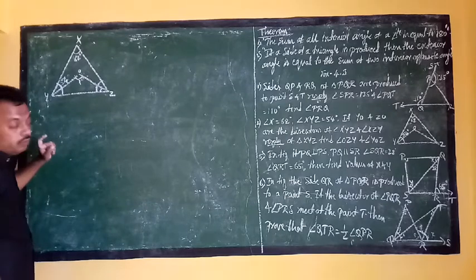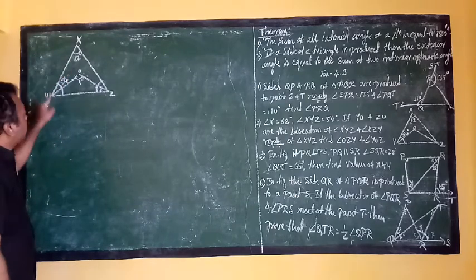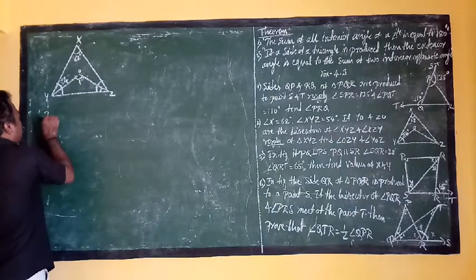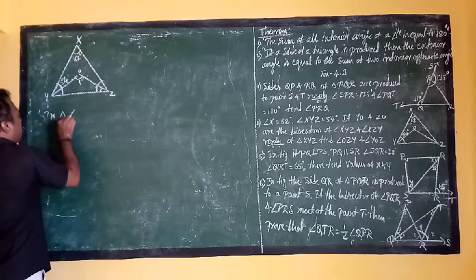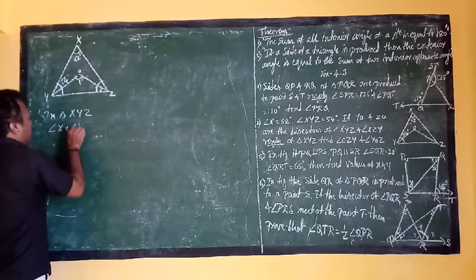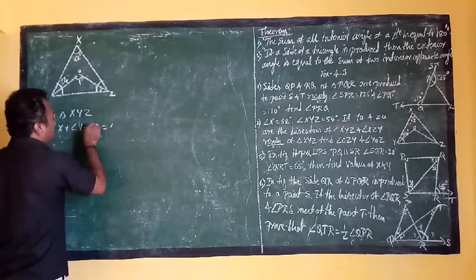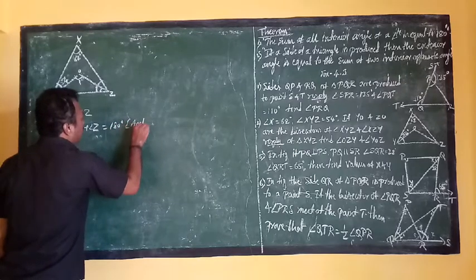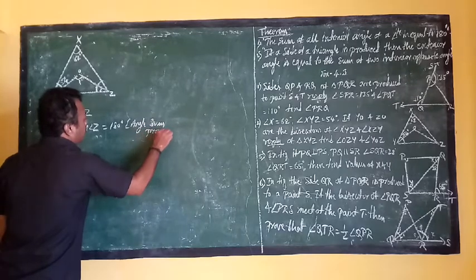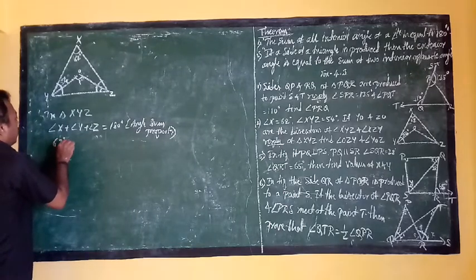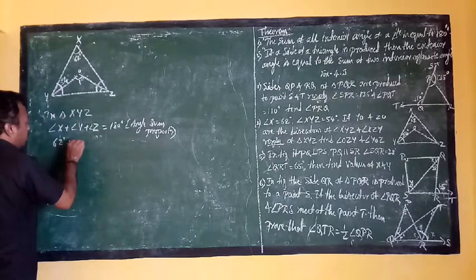So which property are we using? Yes, the angle sum property. The sum of the angles is equal to 180 degree, correct? So in triangle XYZ, angle X plus angle Y plus angle Z is equal to 180 degree because of the angle sum property. Angle X we know is 62 degree. Angle Y is 54 degree.